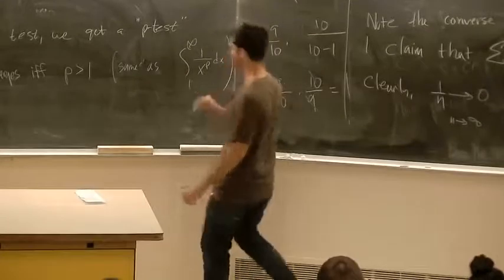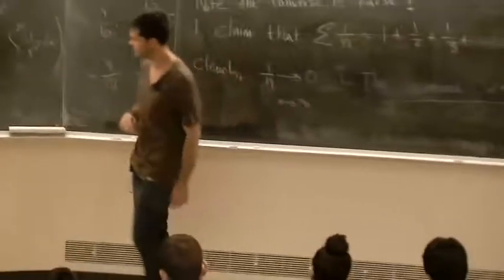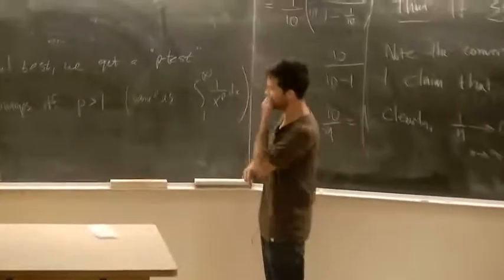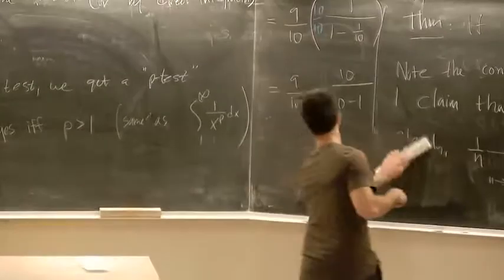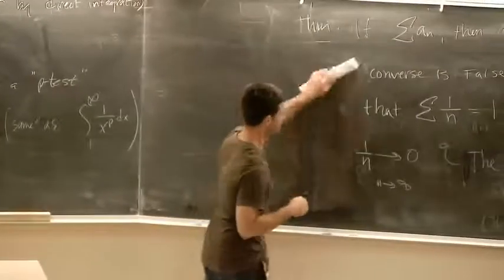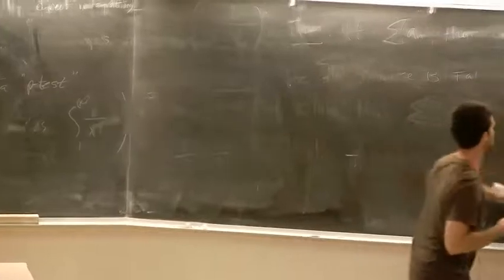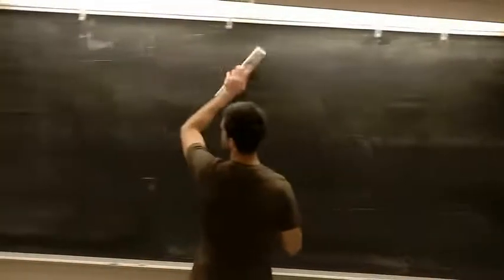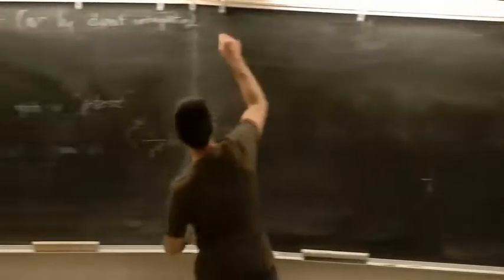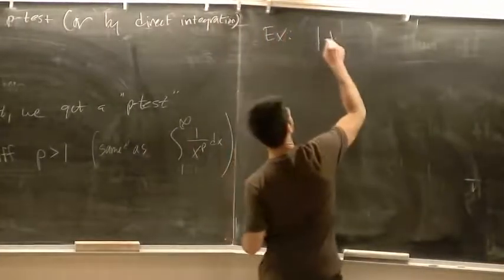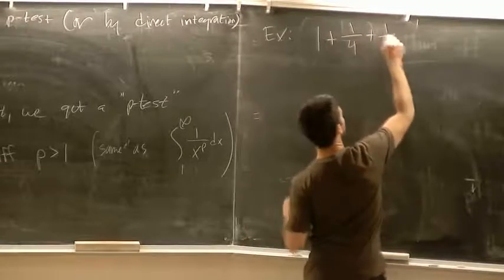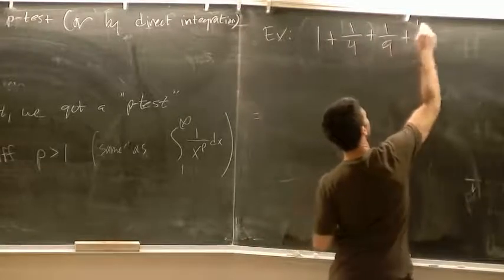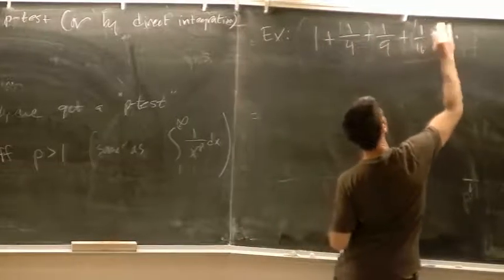Which is the same as the result for the integral from 1 to infinity of 1 over x to the p. Right? So we can now find lots of series that do converge as long as it's a power bigger than 1. So, for example, how about inverse squares? 1 plus a quarter plus a ninth plus a 16th, and so forth.